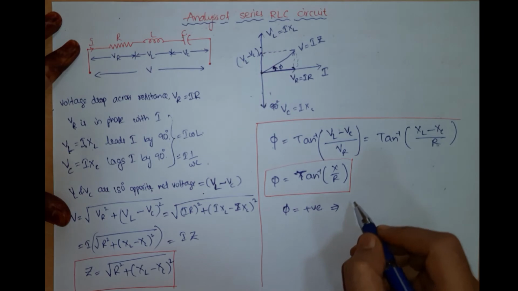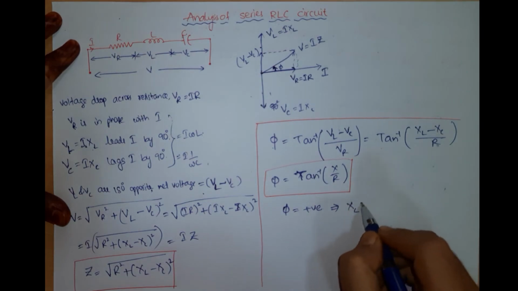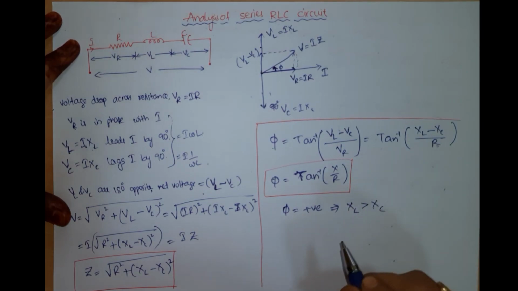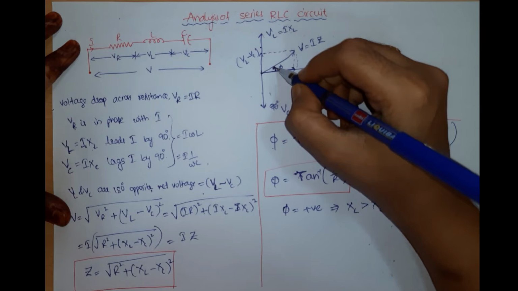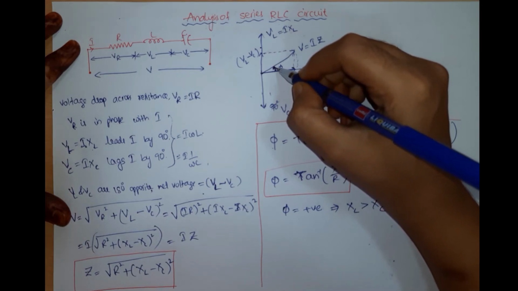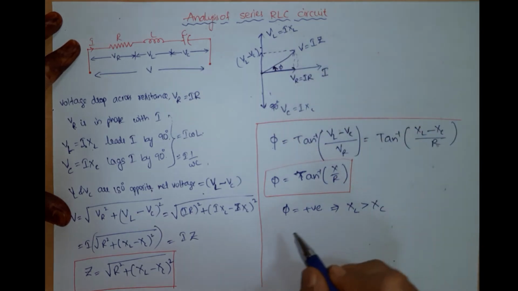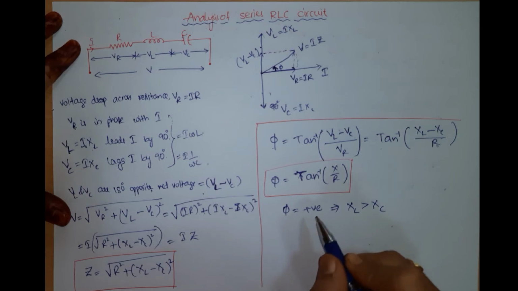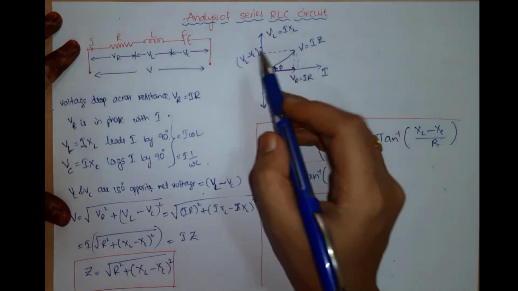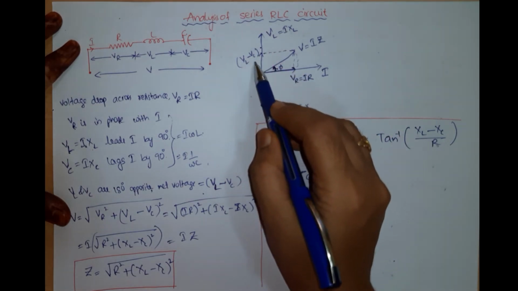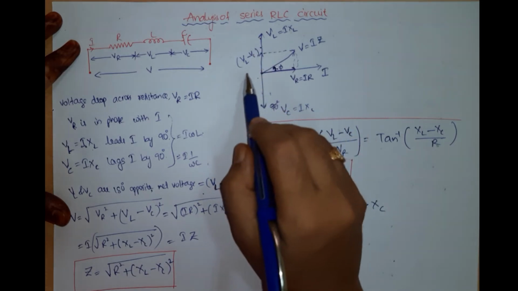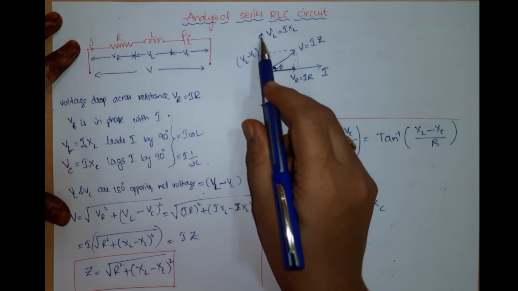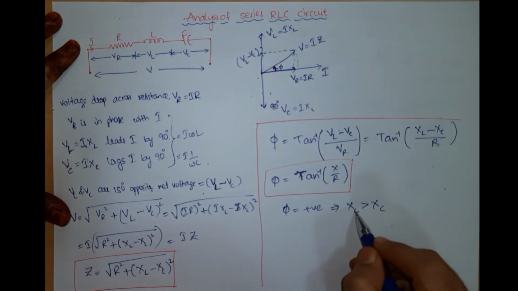When XL is greater than XC, or not? Hope you have understood. So when the angle is taken in the anti-clockwise direction, we consider the phase angle as positive. That means the resultant of VL and VC is positive, so it comes in the direction of VL.